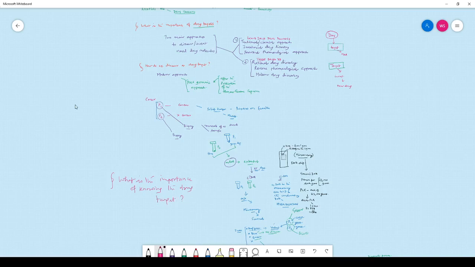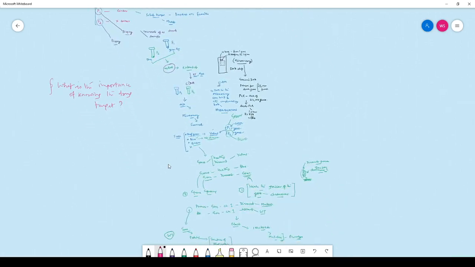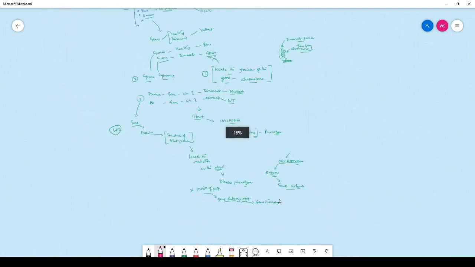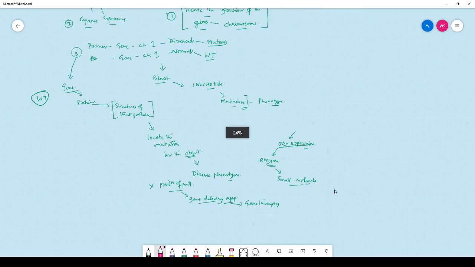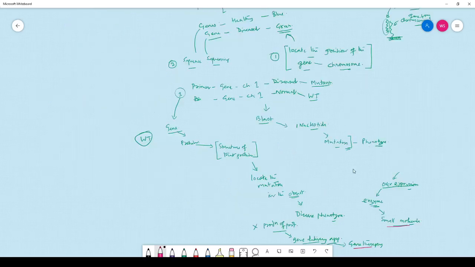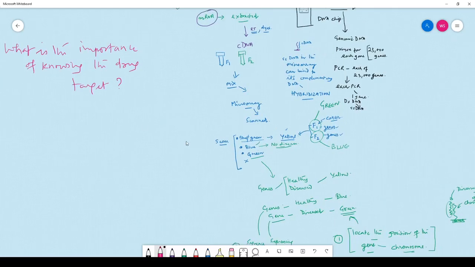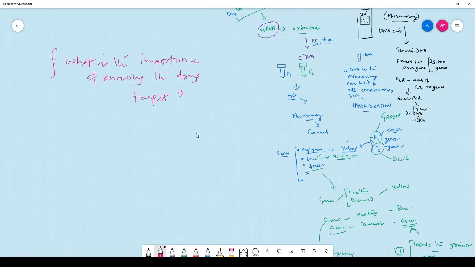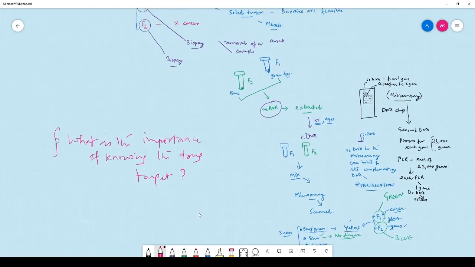Okay, we have explained, if we know the target, then we can develop a therapeutic modality. Okay, and that is the importance of knowing about the target in drug discovery.